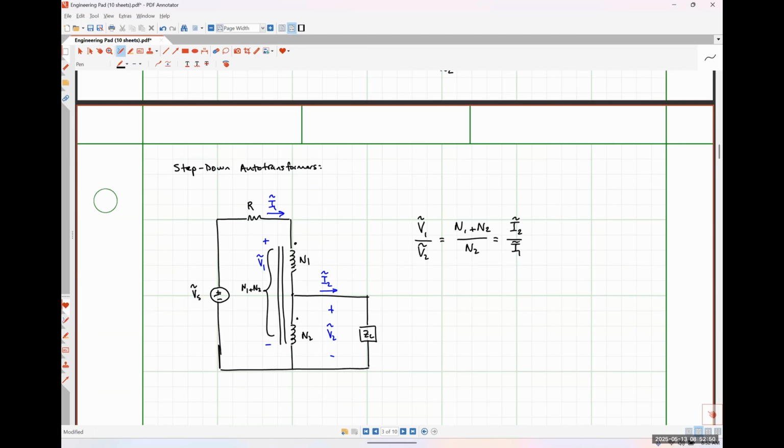So we are using only induced voltages and currents to transfer energy from the left-hand side of the circuit to the right-hand side of the circuit and vice versa. When we have an auto transformer like this that is composed of only one winding, there is no way to isolate the primary from the secondary because we have both a physical and electrical connection between those 2 windings because it's really the same winding, okay?